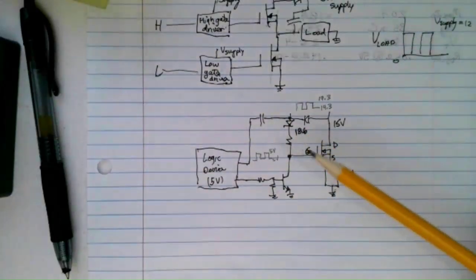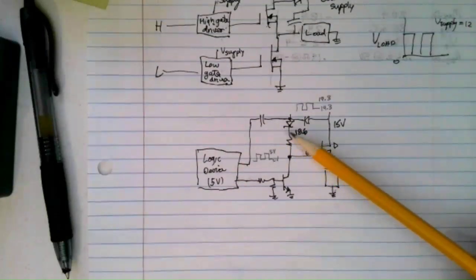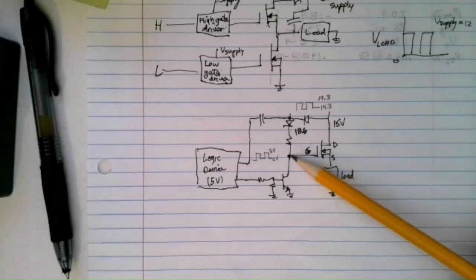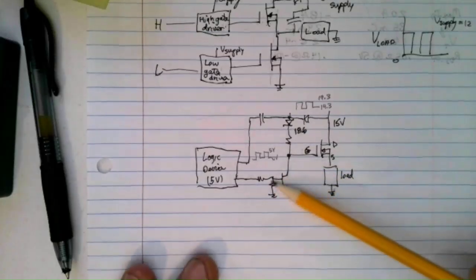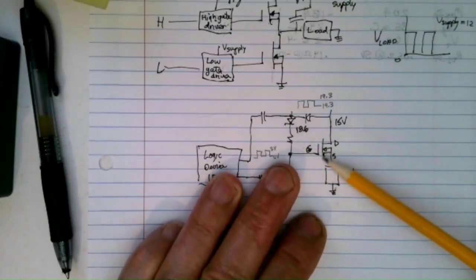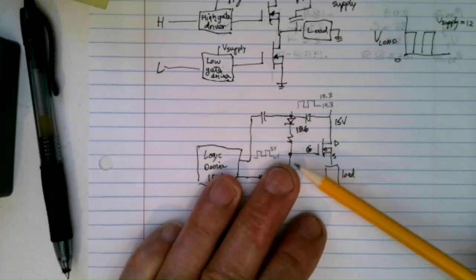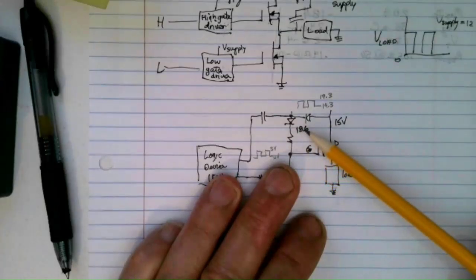And you might or might not want a little capacitor here to hold that, but maybe remember this device is going to be off, out of the picture, and the gate source capacitance of this part may hold that voltage good enough that you don't even need to worry about it. Now the question is, is 18.6 volts high enough to turn this part on?